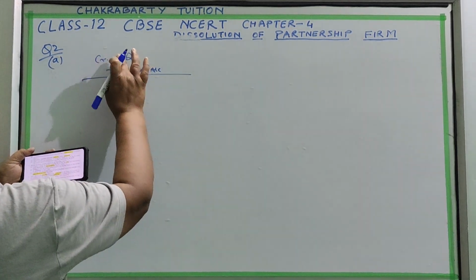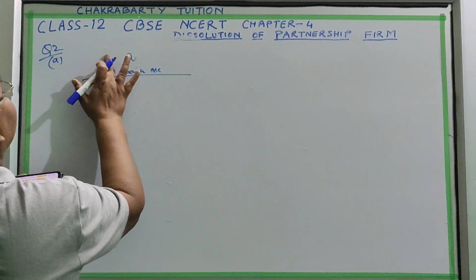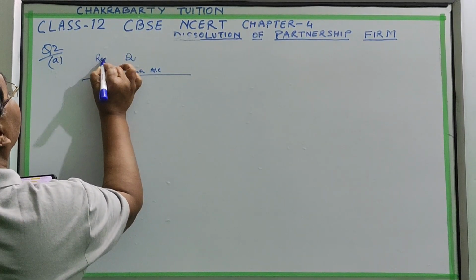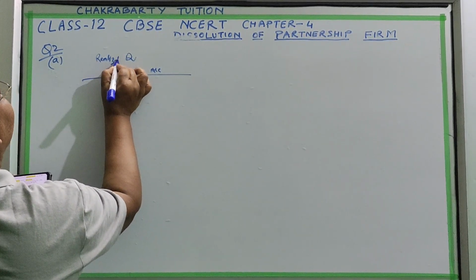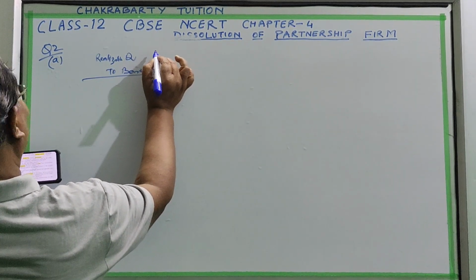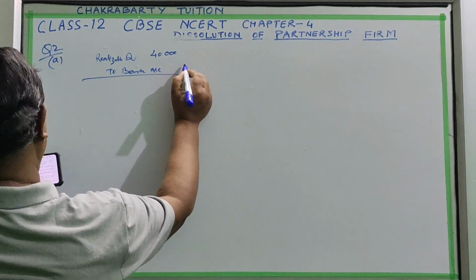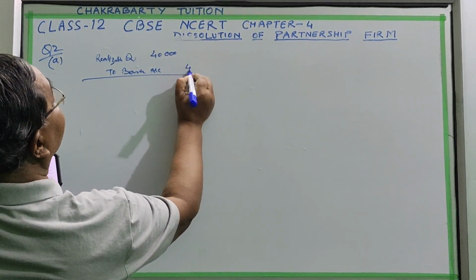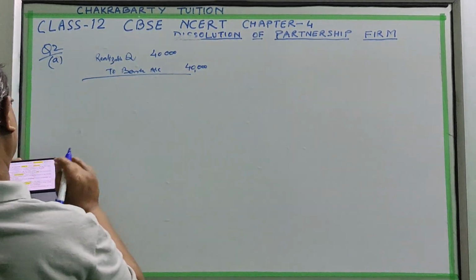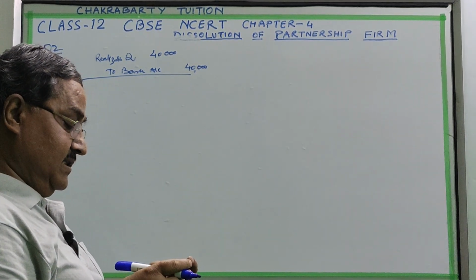This creditor is already transferred to realization account, so we will debit realization account 40,000 as cash. For the other part, investment given in full settlement, no entry is done.